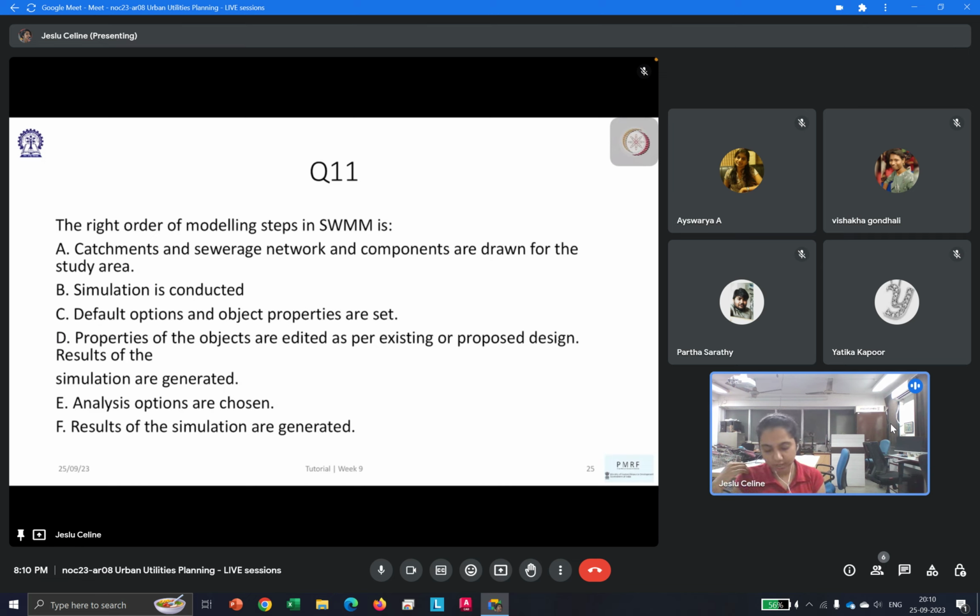E, analysis options are chosen, and F, results of simulation are generated. Can any of you attempt this question? What might be the first step? Like any order?